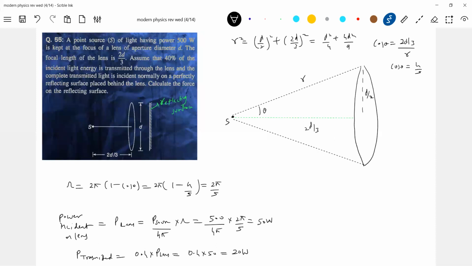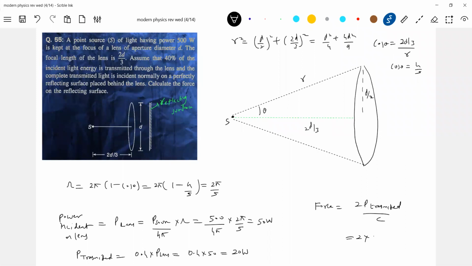Okay, now what is the force? It's a reflection, no? So the force will be equal to 2 times the power transmitted divided by c, 2P by c.